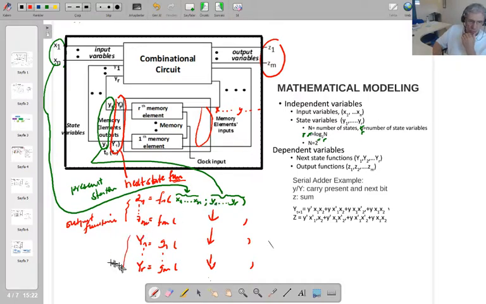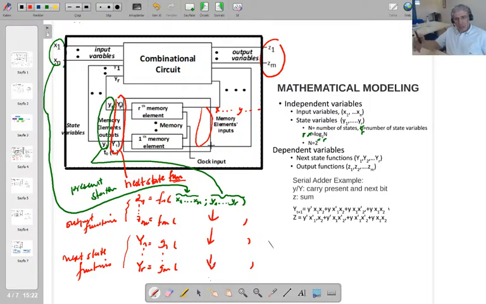These are called next state functions. If you've got these functions, that means the output functions plus the next state functions, these functions represent the behavior of this sequential circuit. That's why we call this the mathematical model, because of this function type of representation.